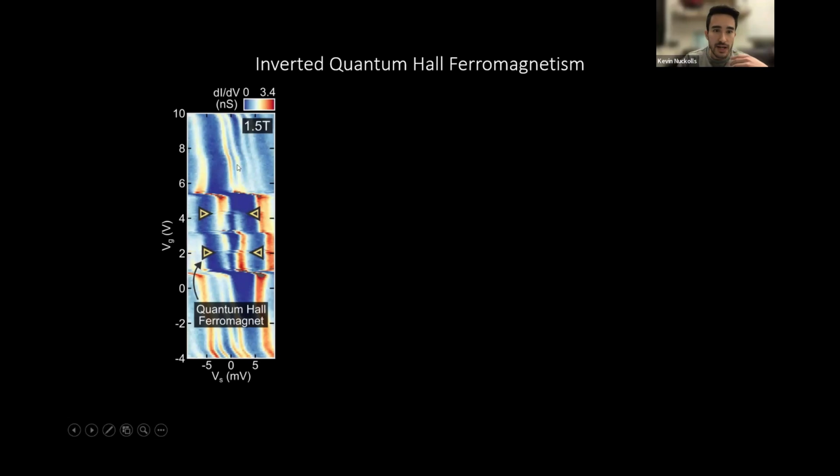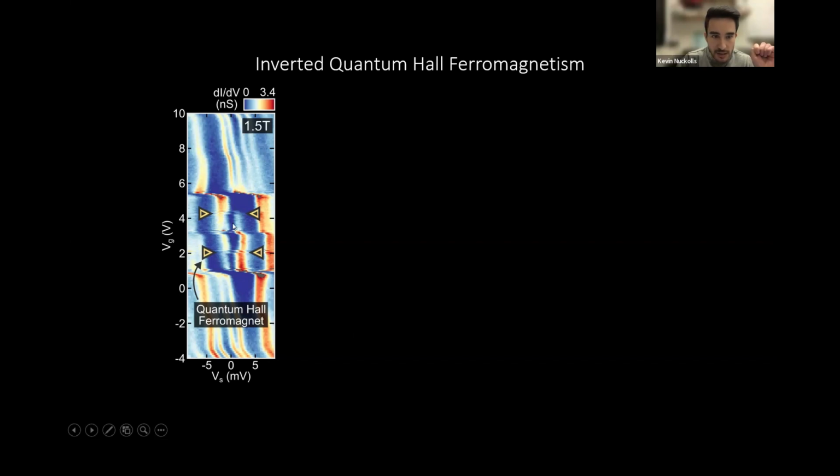Another perplexing feature of correlations was the observation of a sort of inverted quantum Hall ferromagnetism near the second magic angle. So here's a spectroscopy. Now we're zooming in really close around charge neutrality, within a small gate range. And we can see this zeroth Landau level peak. It comes to the Fermi level, and then there's this suppressed tunneling around the Fermi level due to that exchange gap.